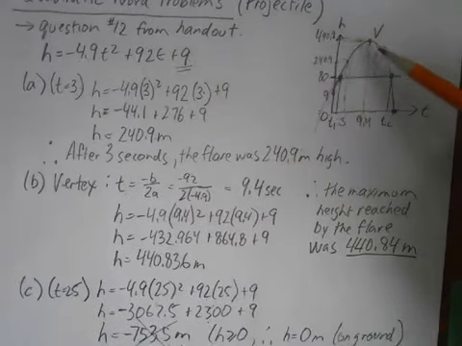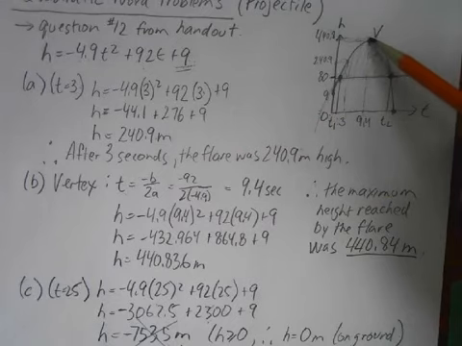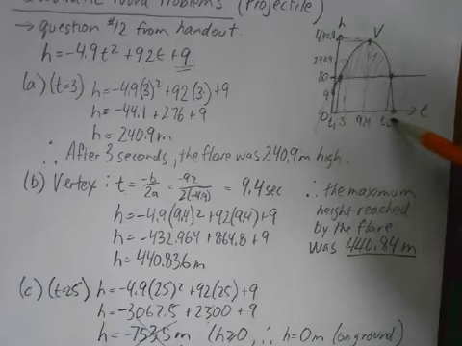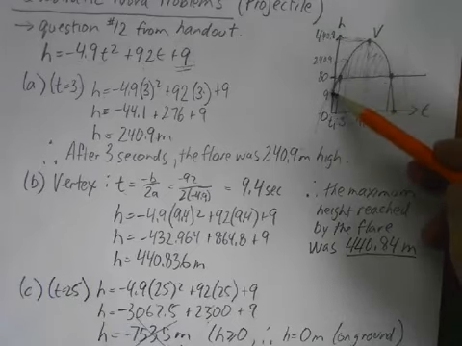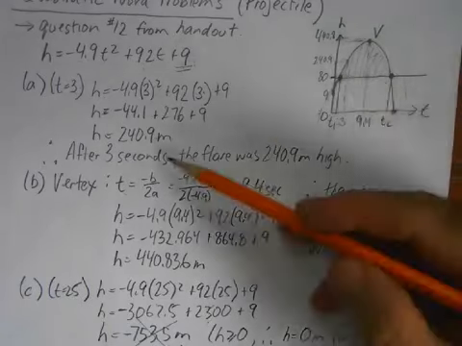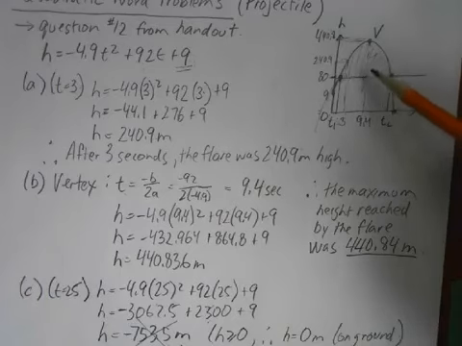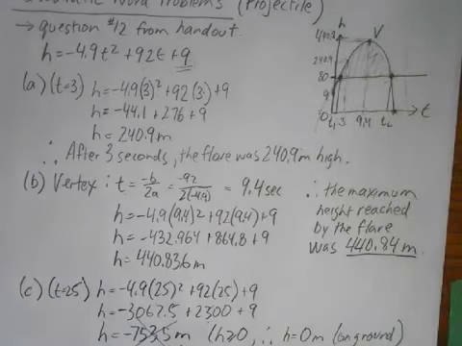Things like, what's the vertex, meaning what's the highest height that the object was at, what time or distance did that happen, when did it hit the ground, how long did it take to hit the ground, what's the initial height, and then more specific questions, how high was the object at a certain time, or how long was it above a certain height. So we've covered all of those.